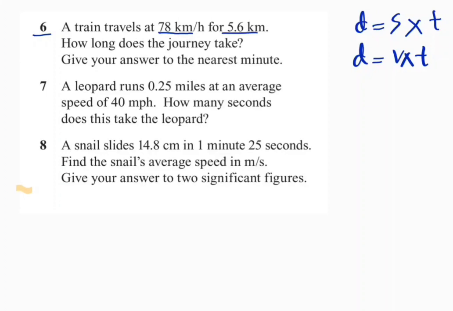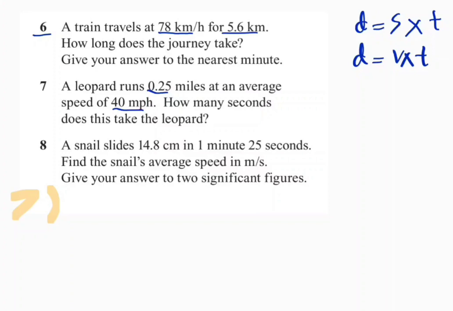Now let's do question 7. So this one says that a leopard runs 0.25 miles at an average speed of 40 miles per hour. How many seconds does this take the leopard?